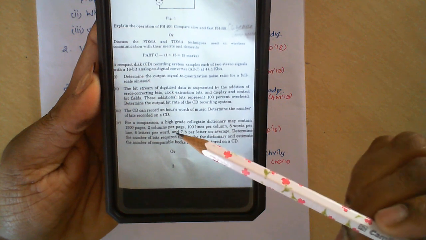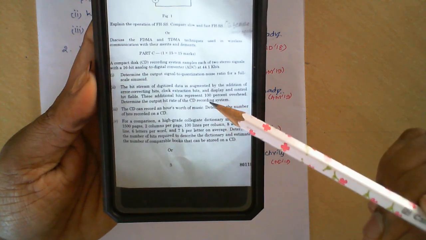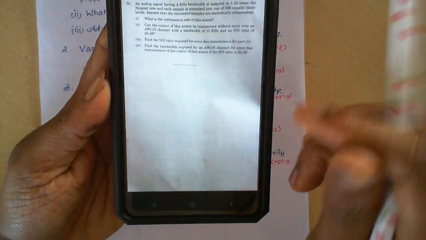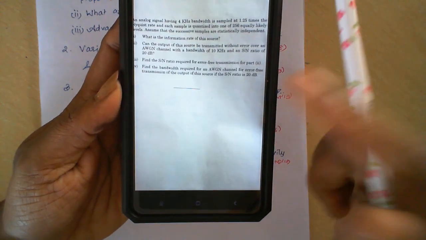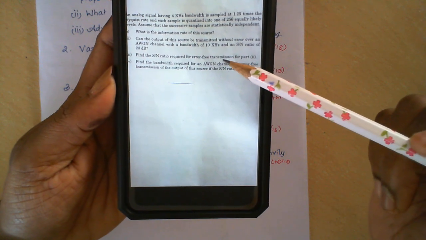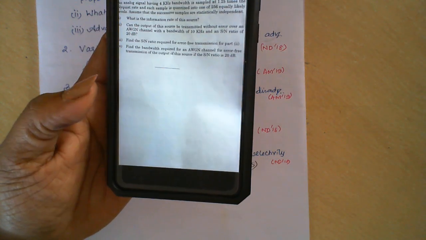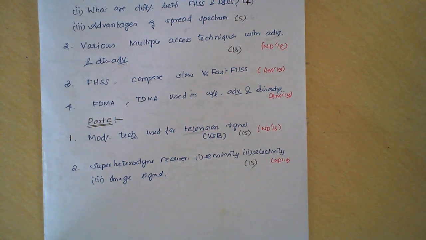It is a very big question, but for solving purposes it is very easy if you understand what they have asked. And the next question is an either-or choice, where they have also given one problem. This is also a big problem which can be solved easily if you understand the question. So all the very best for your exams. Using these questions you could study.